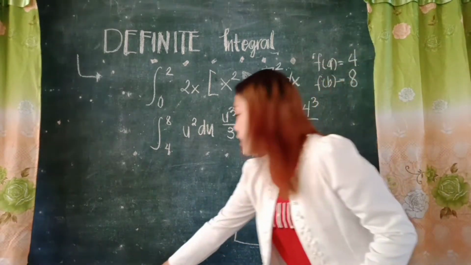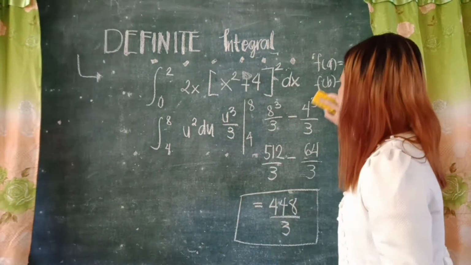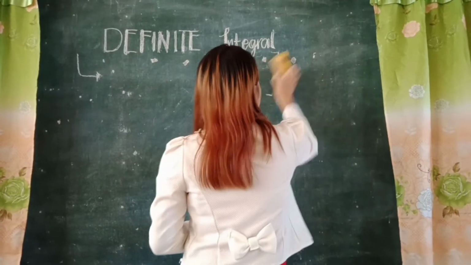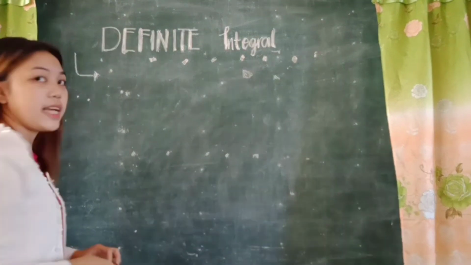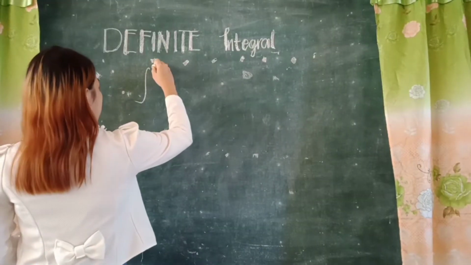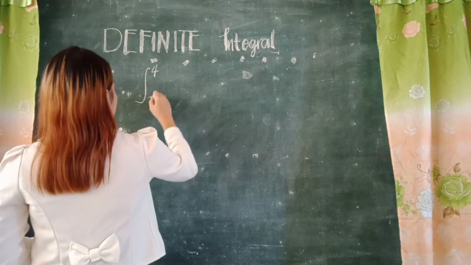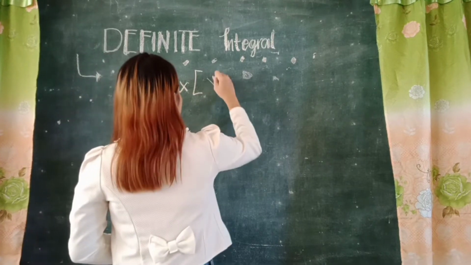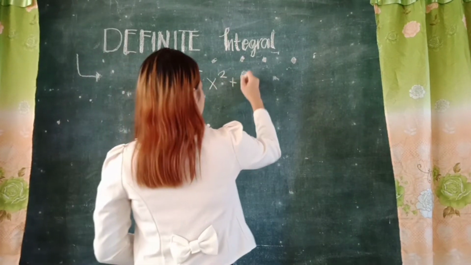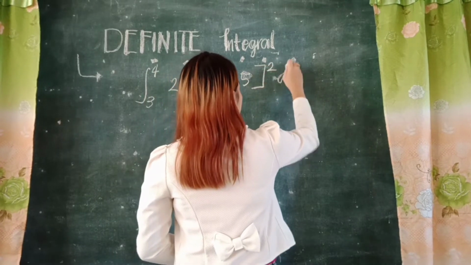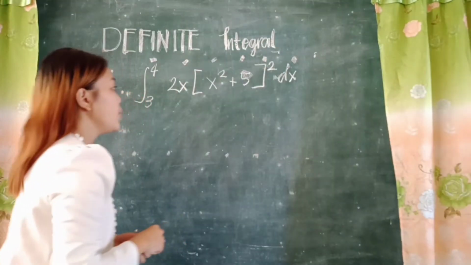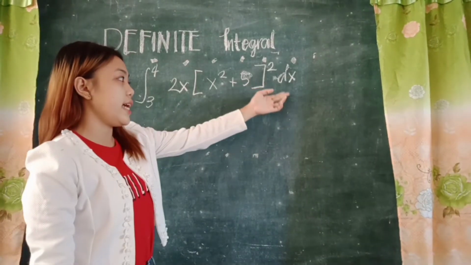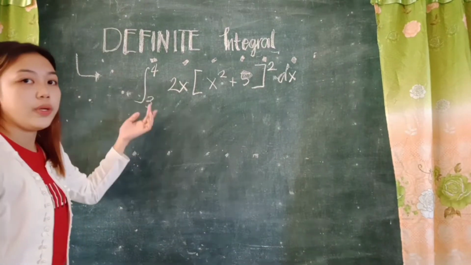So let us now proceed to our second example. We have here the integral of 2x times (x squared plus 5) squared dx, with the upper limit of 4 and the lower limit of 3.